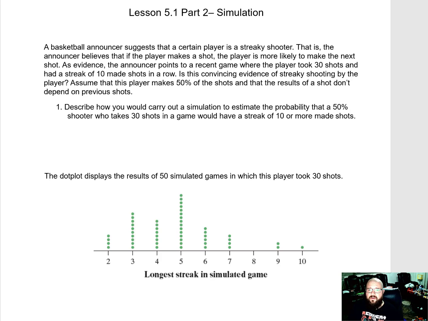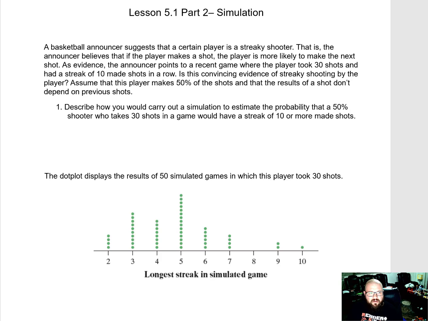So here we go. Number 1 wants us to describe how you would carry out a simulation to estimate the probability that a 50% shooter who takes 30 shots in a game would have a streak of 10 or more made shots. So let's think about this. Probability 50%, right? What's an example piece of equipment that we could use to determine 50%?